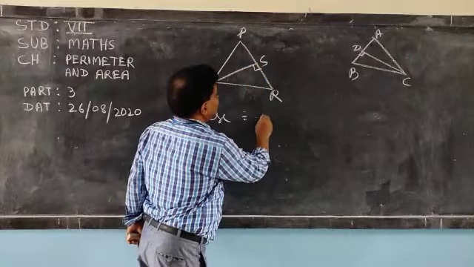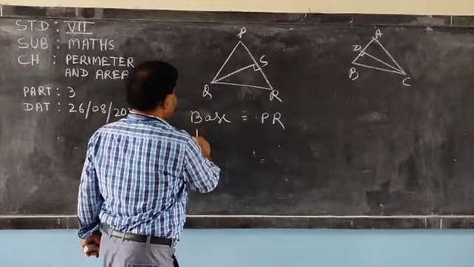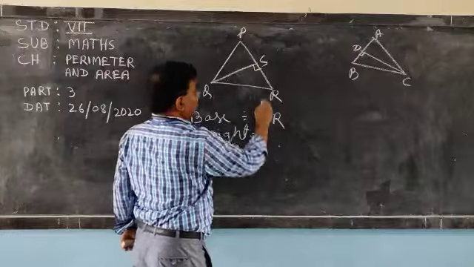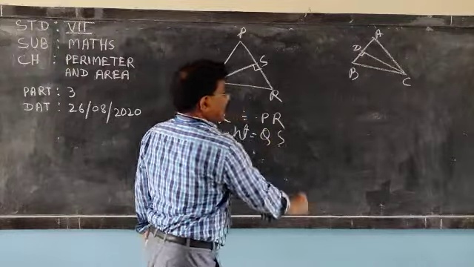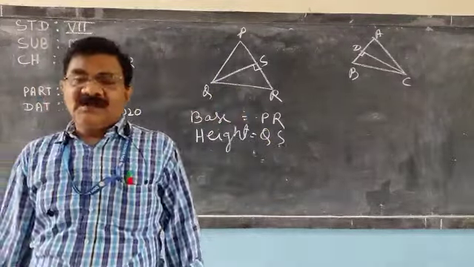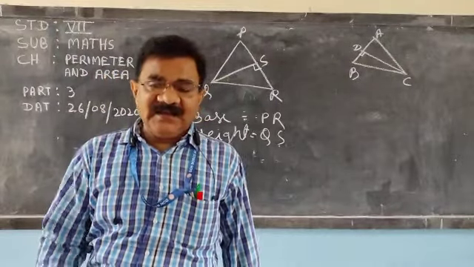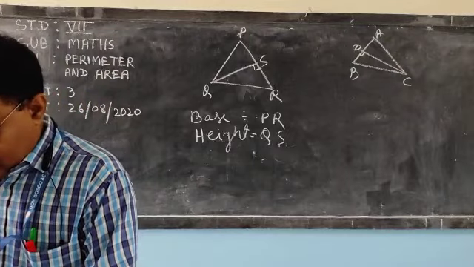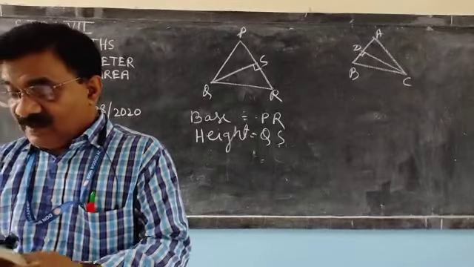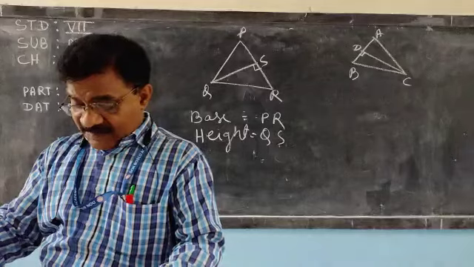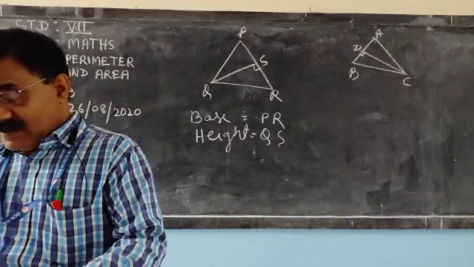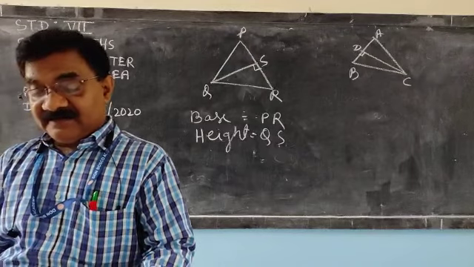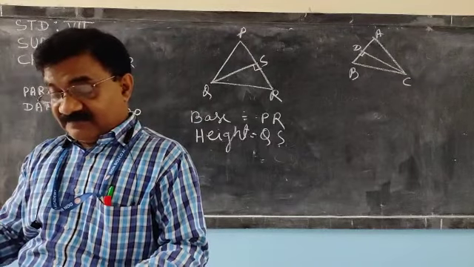So base is PR and height will be QS. And as I have told you, area of a triangle is equal to half into base into height. Now, such type of question may come. Let us solve.